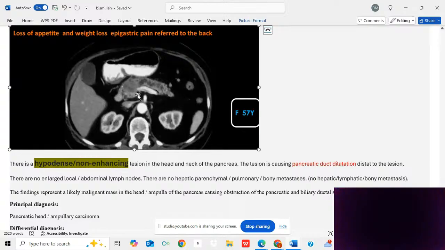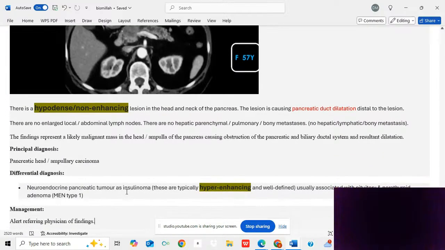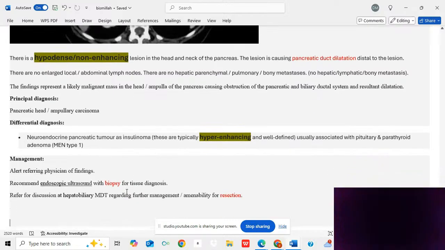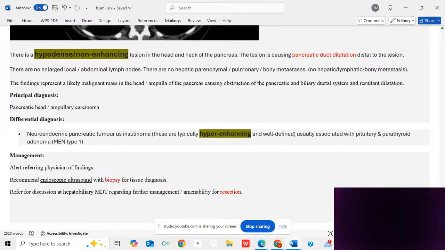So you need to recommend discussion at a hepatobiliary MDT to guide management, which may include surgical resection, or to look for the amenability for resection of the tumor.